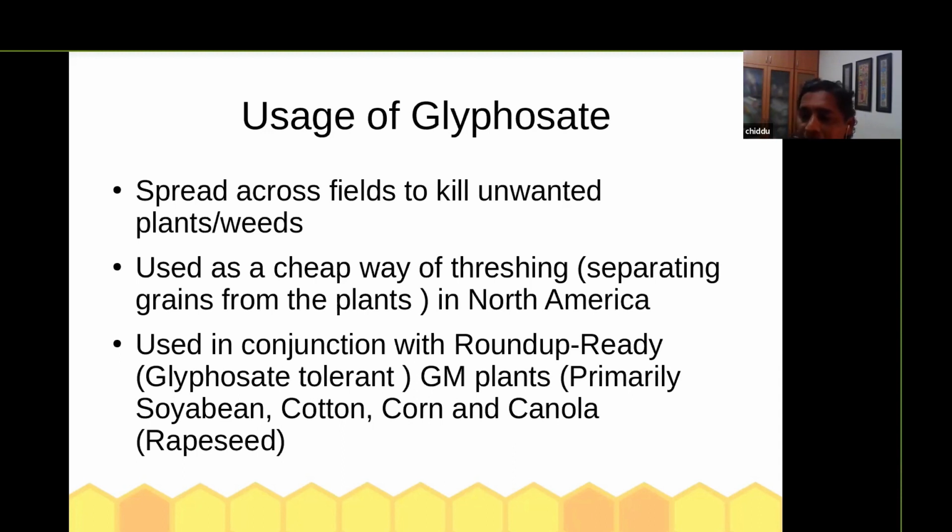Genetically modified foods are primarily of two types. They keep talking about how GM foods are going to solve world hunger and all that. But in reality, GM foods are primarily of two types. One, glyphosate tolerant crops. Since glyphosate is essentially generated by a soil organism, they have engineered a gene that will be glyphosate tolerant, and they put it into plants.